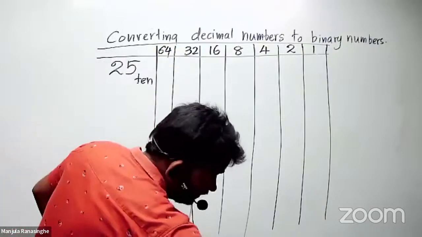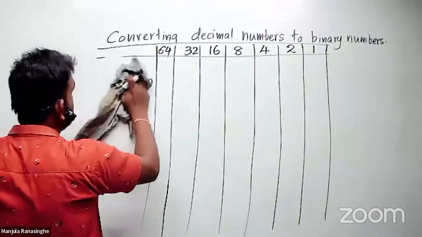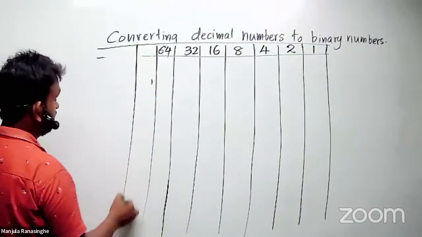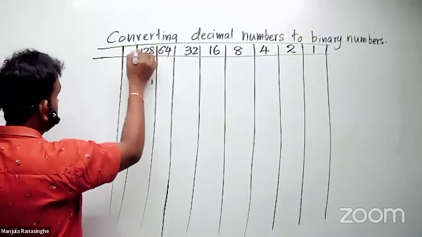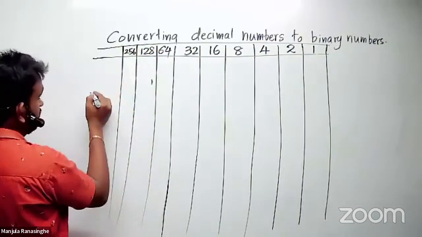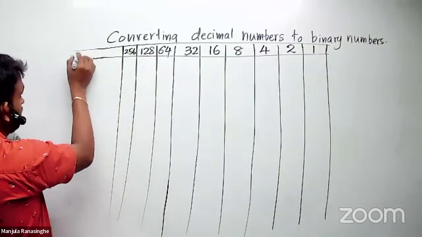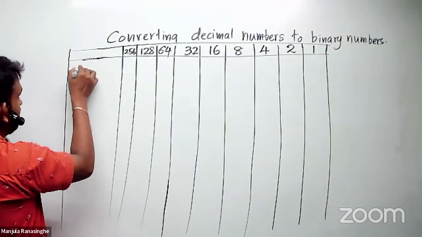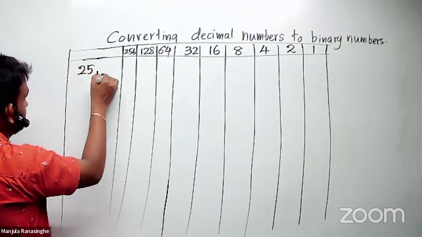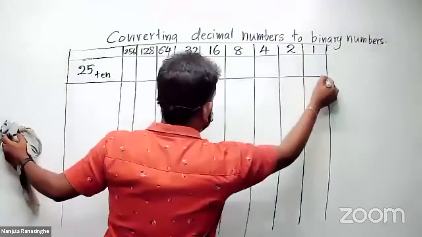If I extend this table, 128, and 256. So now I have the number, 25 base 10. Okay, see carefully.